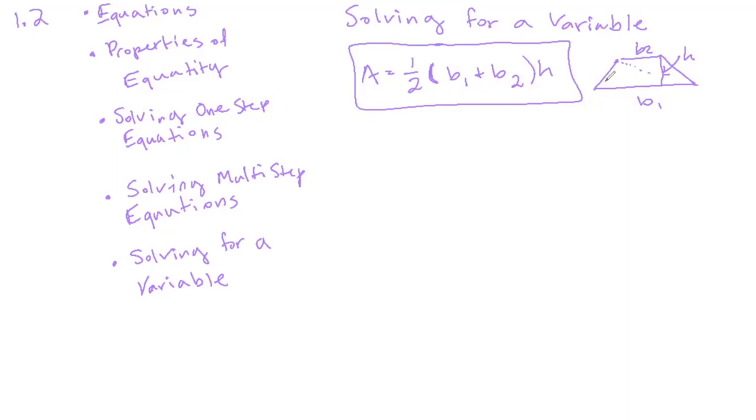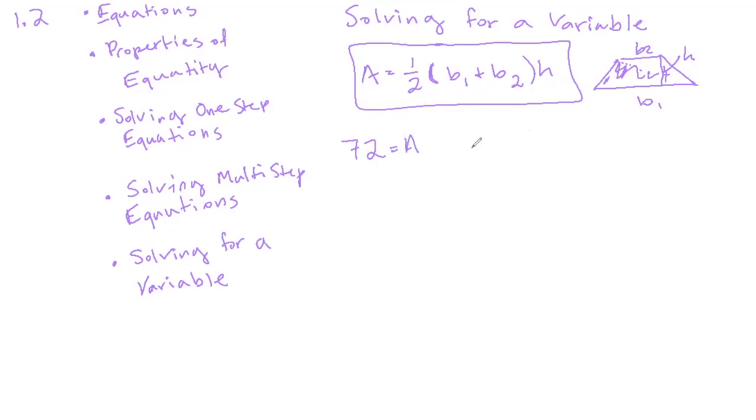You're trying to put grass down on this field, and you want to figure out how much grass you need to purchase. Let's say you have 72 square feet of grass that you need to put down. So we'll say the area is 72.